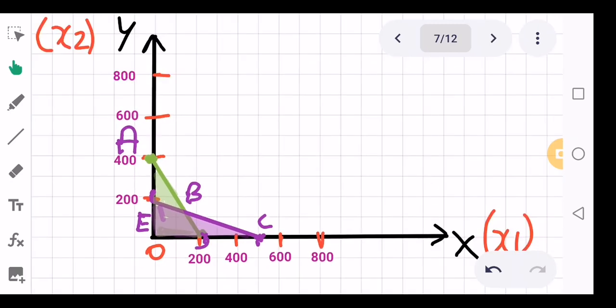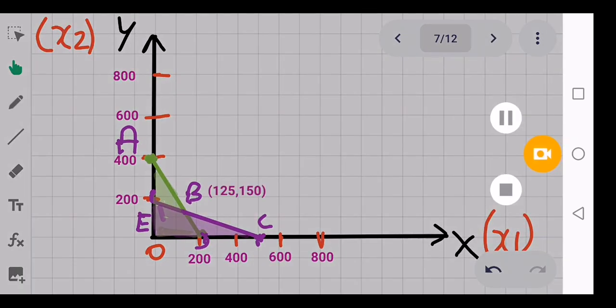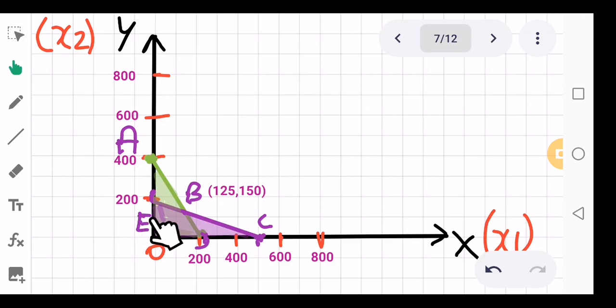Now let me tell you what will come over here. After plotting in a graph sheet, this is what I've got. B is equal to 125, 150. Over here it is not that precise, but you can make out in this way. This point is 0, this point is 200.